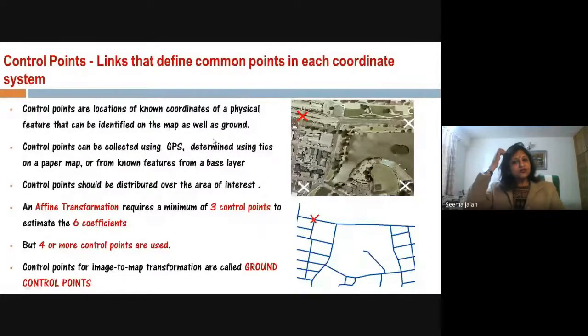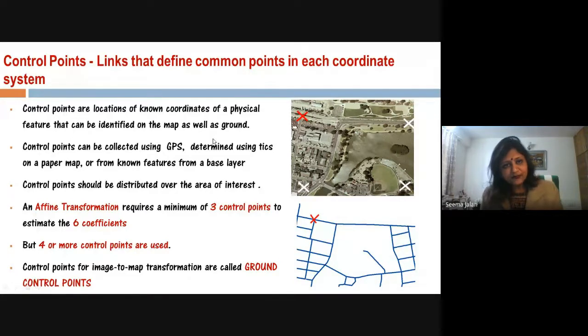So what I have to do is search for such points for which I can get the image coordinates from my map, and I should be able to acquire the real world coordinates in a particular coordinate system for those very points.